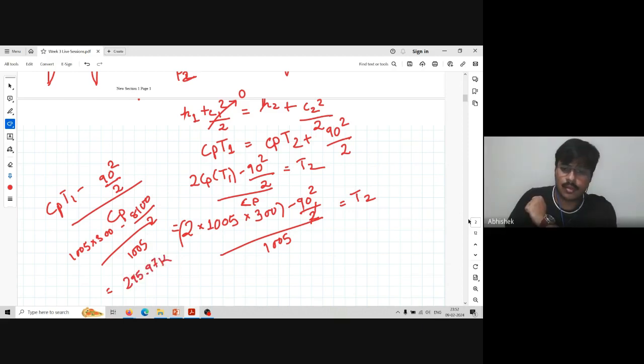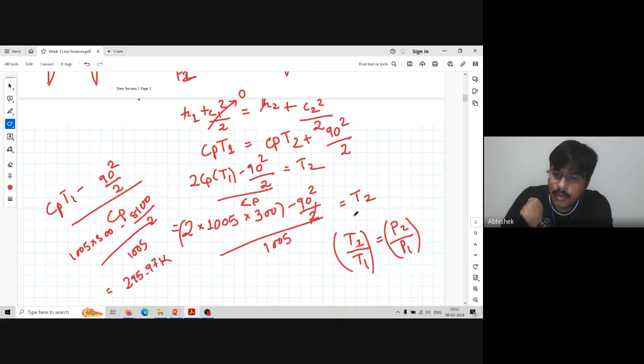Then you can directly apply your adiabatic formula. So T2 by T1 is equal to how much? P2 by P1 to the power (gamma minus 1) by gamma. So when it comes to this side, it is gamma by gamma minus 1. From here, calculate P2.